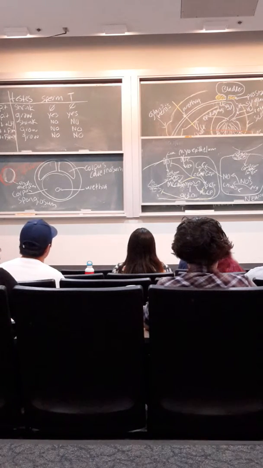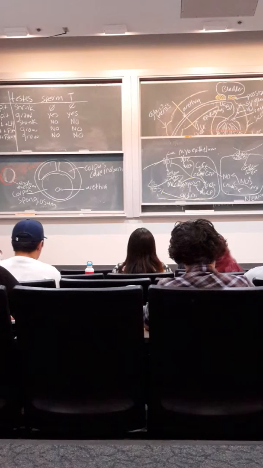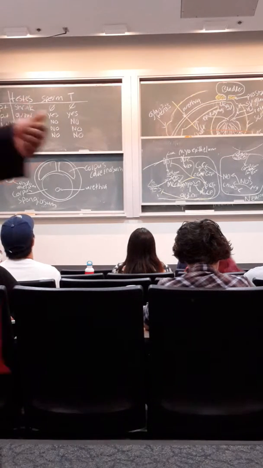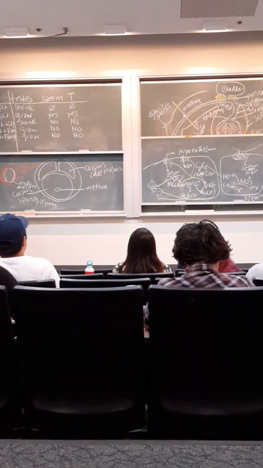That PKG then does a bunch of things to stop that muscle cell from contracting. It blocks the calcium channel from the outside of the cell. Because you need calcium to bind to calmodulin and activate myosin light chain kinase. It blocks the IP3 receptor, so the calcium's not coming out of the sarcoplasmic reticulum.